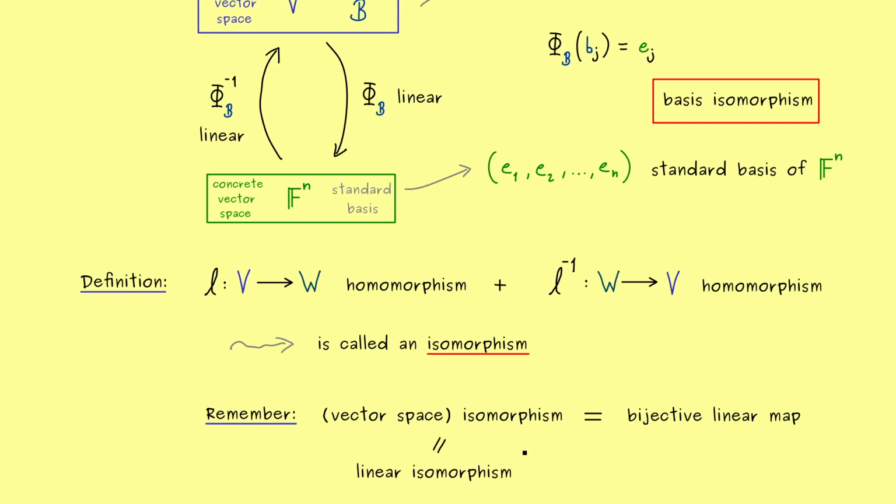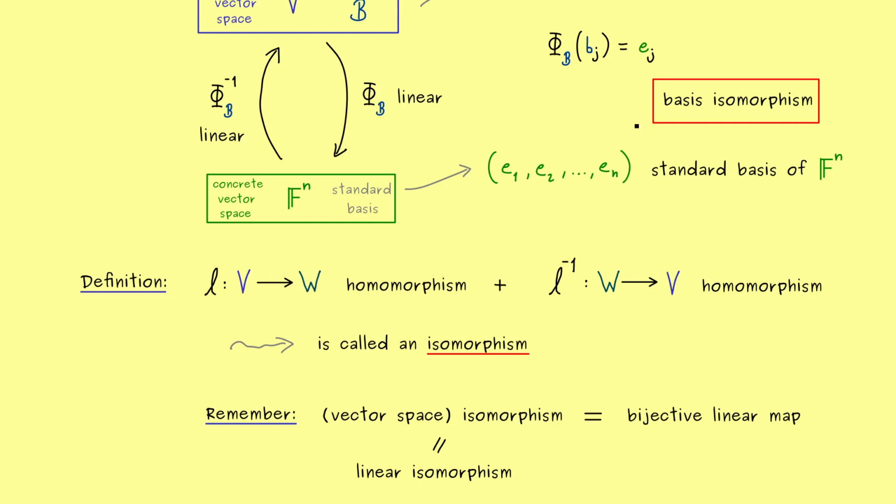Now for finite dimensional vector spaces, the example from above immediately implies an important fact for isomorphisms. It tells us if we have an isomorphism between V and W, then the dimensions of V and W are the same. Simply because we immediately see that the number of basis elements cannot change.